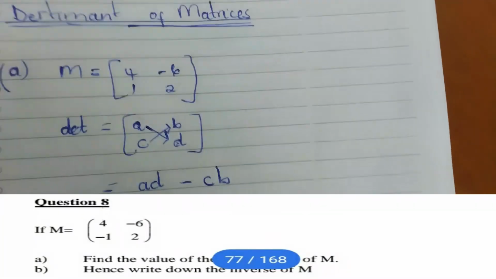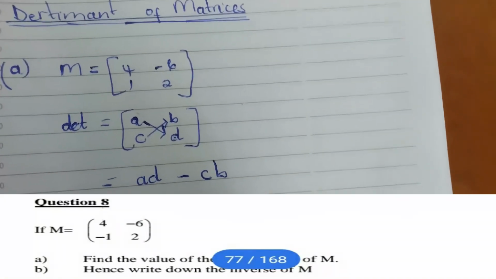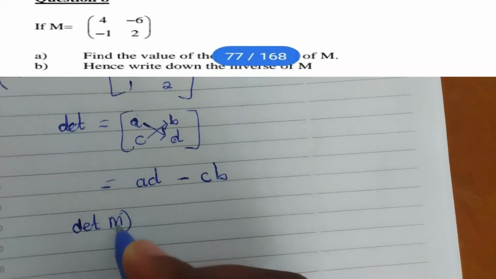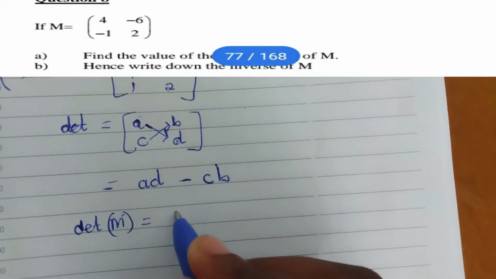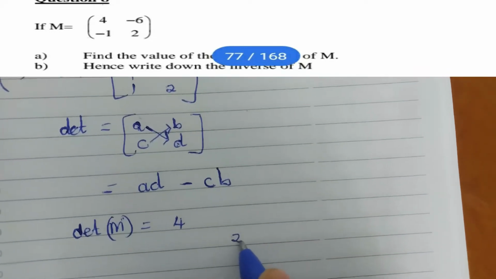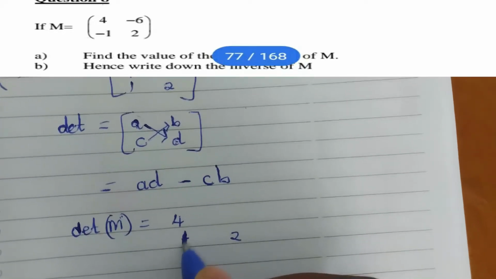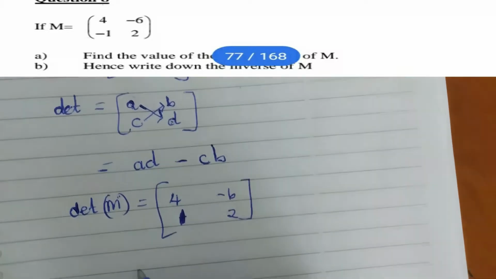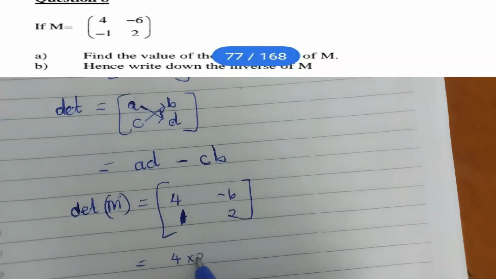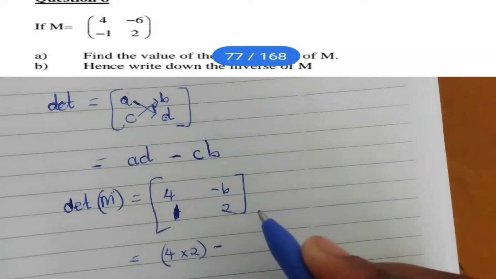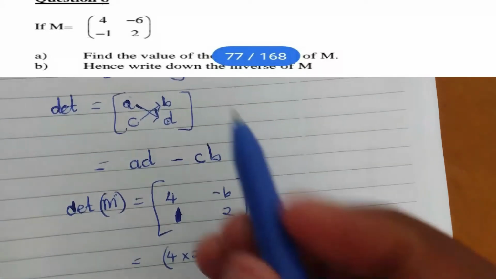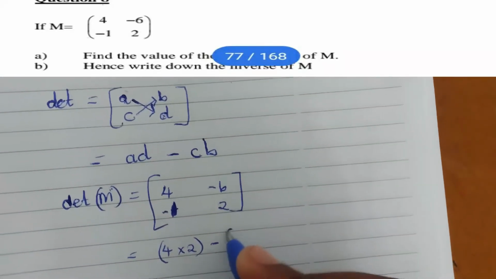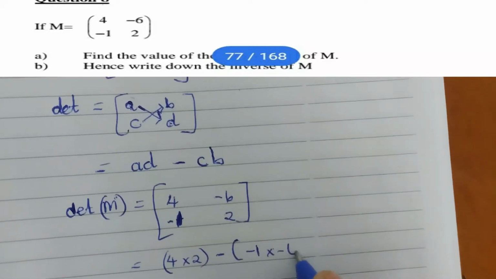So we will simplify the one that we are given already. The determinant for M is equal to 4 by 2, minus, this is minus 1, not just 1, we get minus 1 times minus 6.